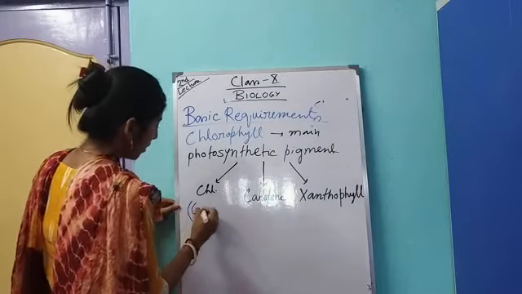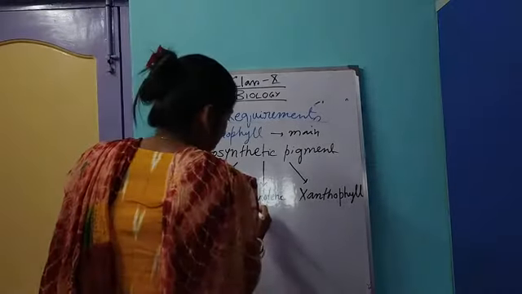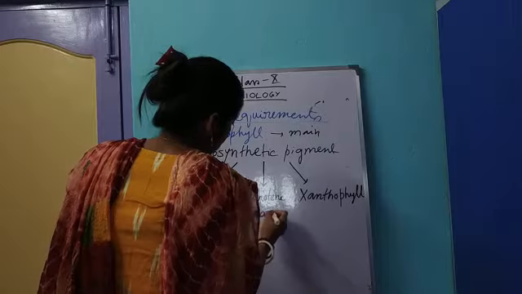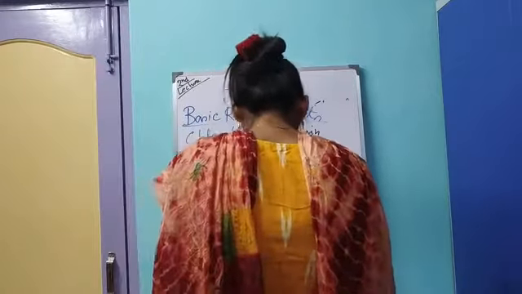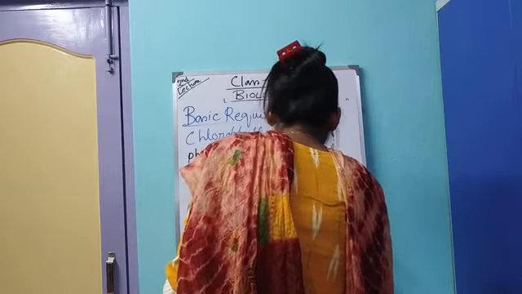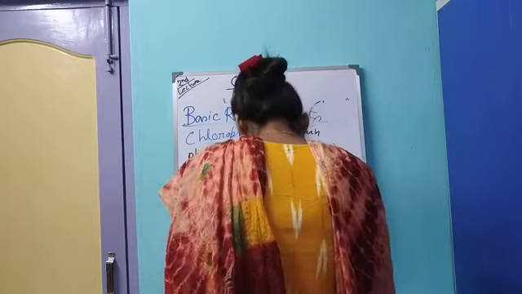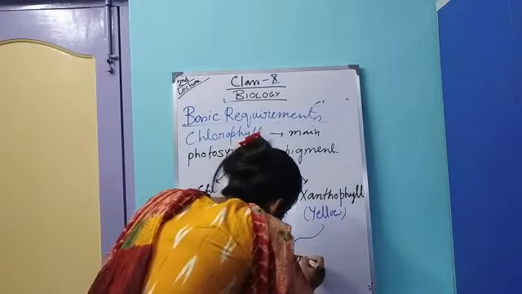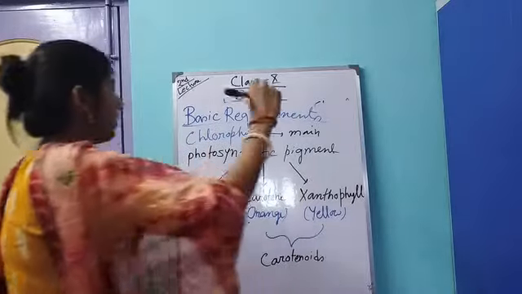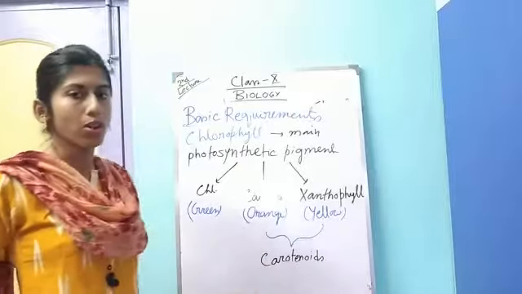Chlorophyll is green in color. Carotene is orange in color. And xanthophyll is yellow in color. And these carotene and xanthophyll are together called carotenoids.